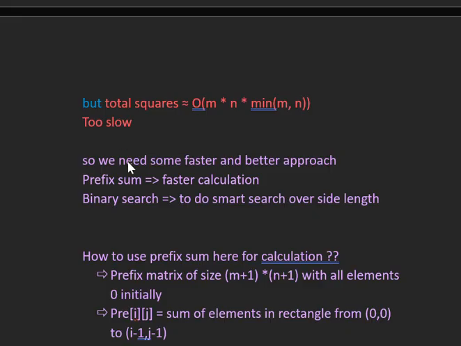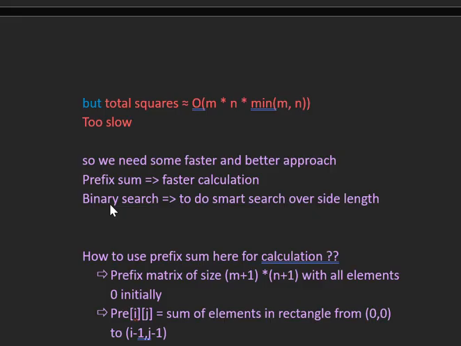To make it faster, we will be using two different concepts here, and these are two very important concepts. One is the prefix sum of the grid. This will make our sum calculation much faster, and the other is binary search. So on what do we apply the binary search?